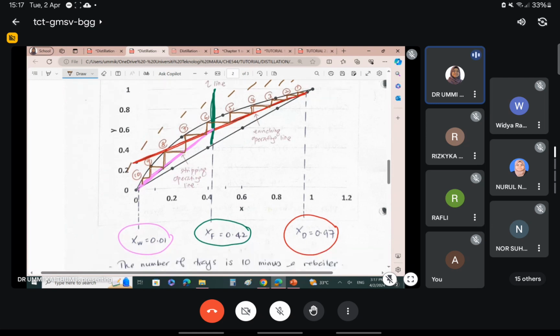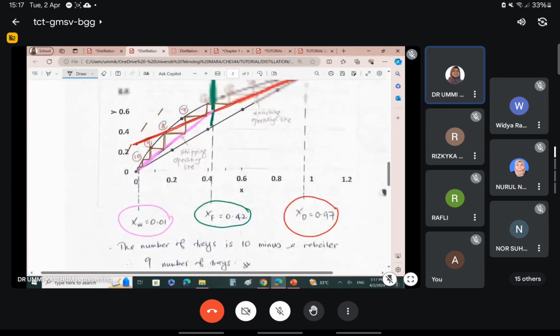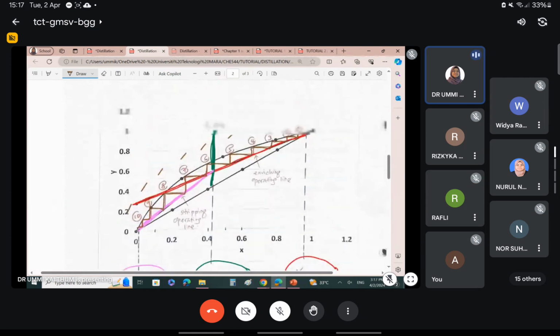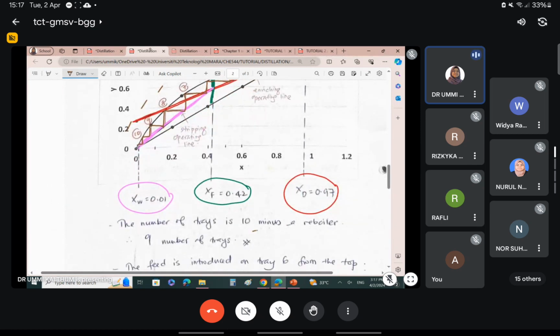You must plot beyond XW. So approximately 10 stages, minus a reboiler, or 9 trays plus a reboiler.